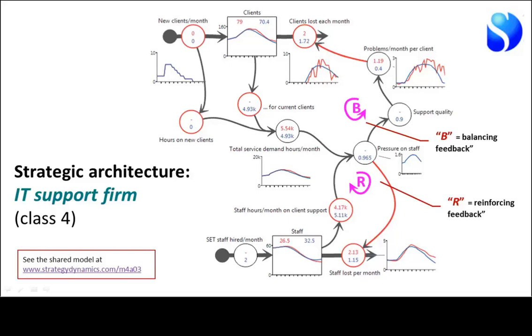But when you've done all that, the uncertainties are at the flow rates. It's all about the flow rates. Why is that particular number of clients leaving at that particular rate at that point in time?